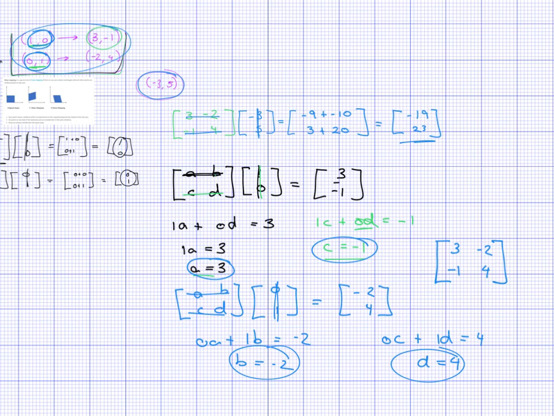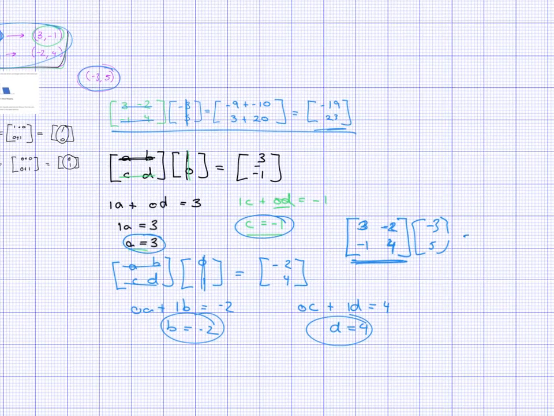Now, from this point here, once I found the transformation matrix, which tells me what all the transformations are, I would then go through the same steps as I did up here, multiply it by the point, which was -3, 5, go through the multiplication, and the answer I would find would be -19, 23.